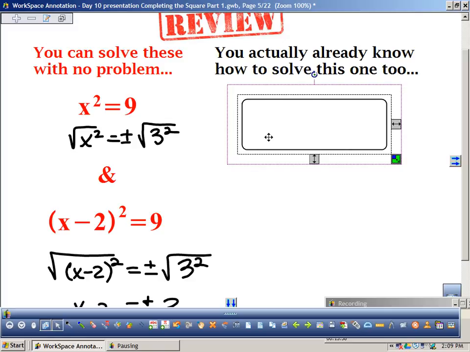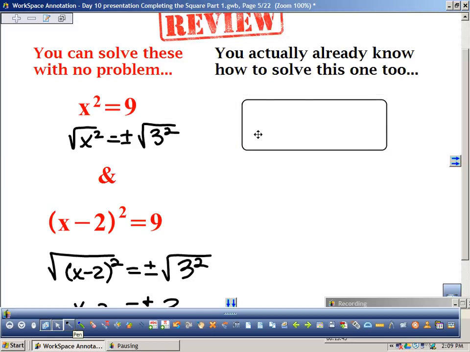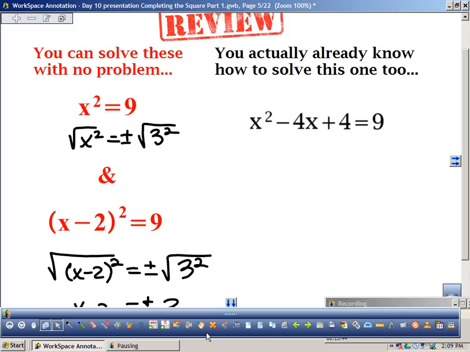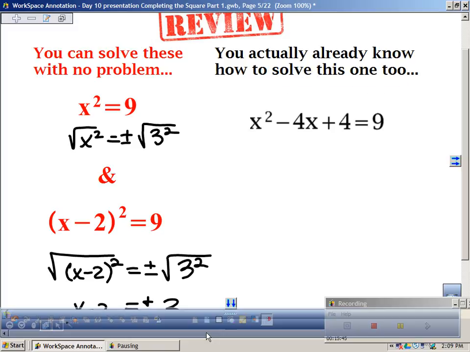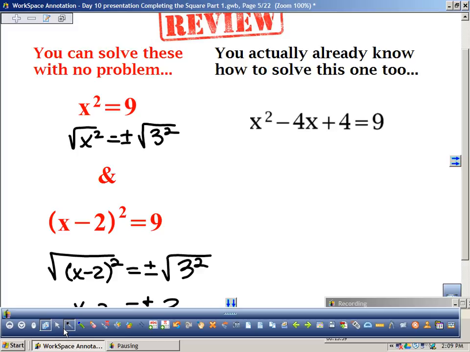You actually already know how to do this one as well. You should be able to just look at it and solve it right here. What do you think goes in here? It's definitely an x.